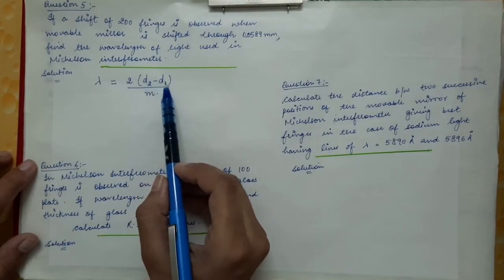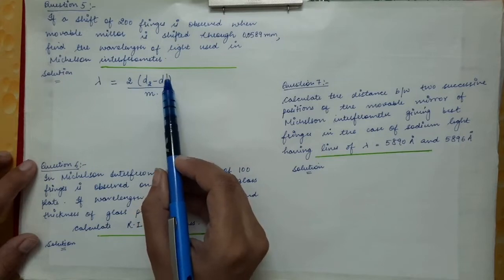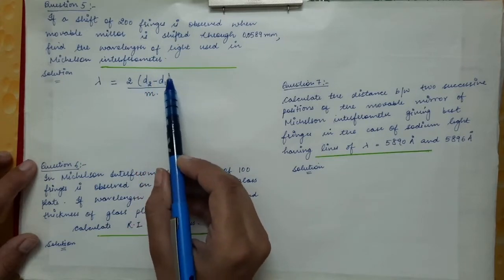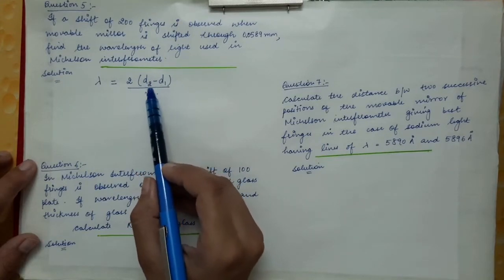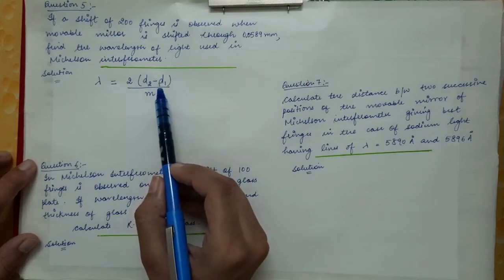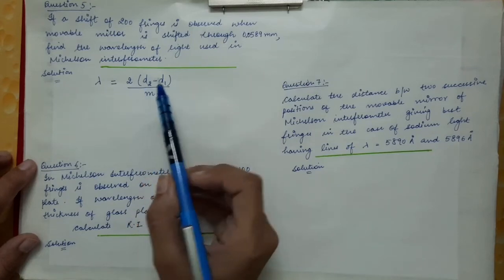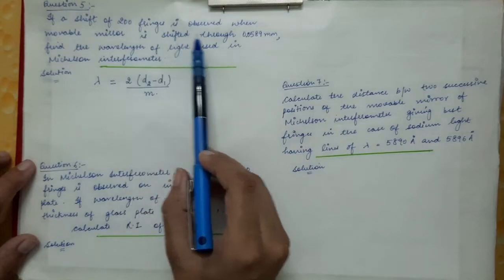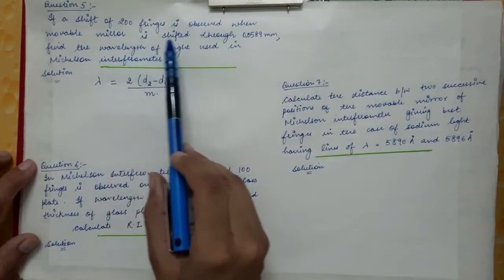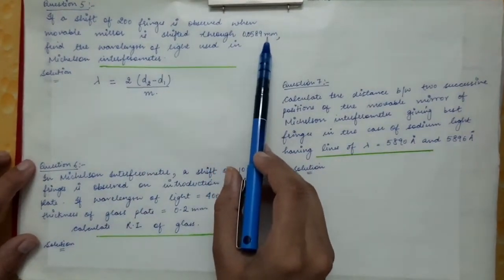So d2 minus d1 will give us the distance by which the mirror has moved, and we are given this distance. The movable mirror is shifted through 0.0589 millimeter.